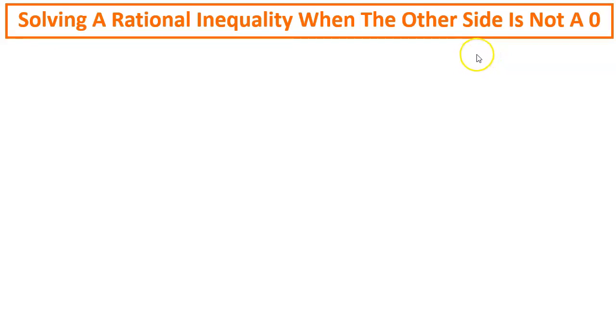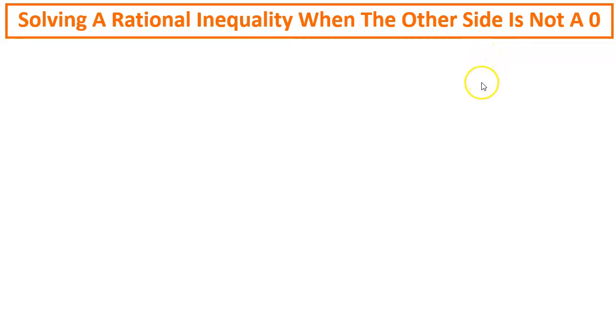As soon as you get the other side as zero, you may use the number line method or the algebraic method for solving the given rational inequality. Therefore, I have not mentioned any method in the heading, though I will be using the algebraic method in today's session. You may use the number line method as well. We will just need a single step to make the other side equal to zero. Okay? So without any further delay, let us start with today's session.